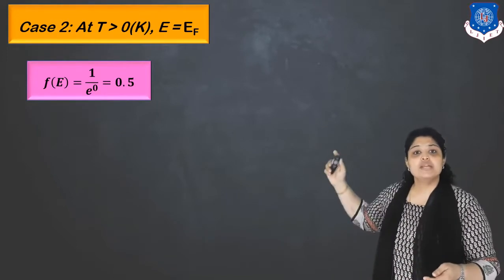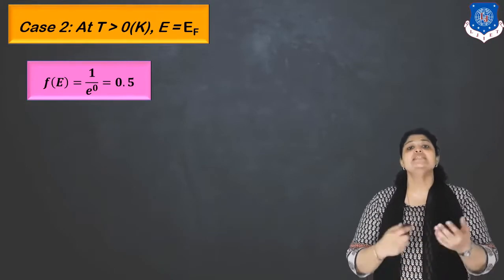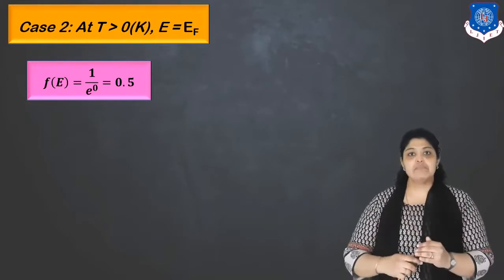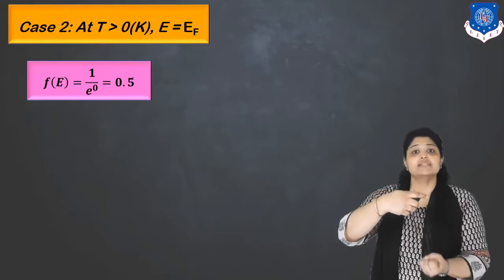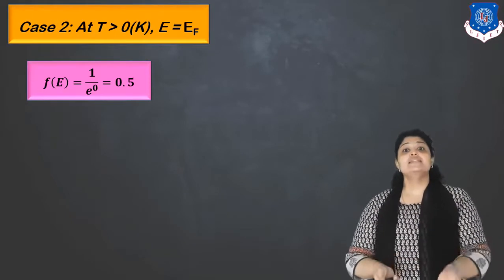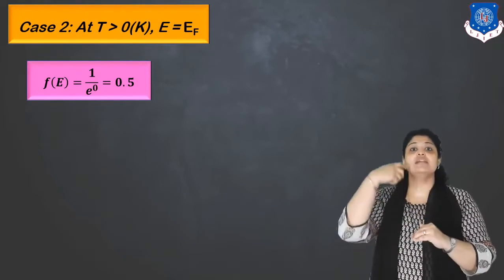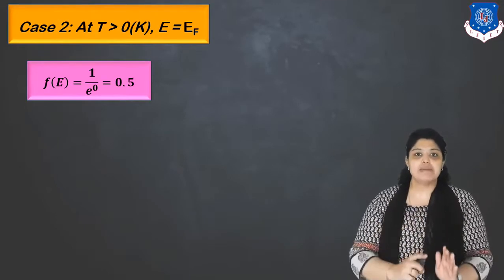So we have 1 upon e raised to 0, that means the probability is 0.5. What does this mean? At any temperature above 0 Kelvin, say for example room temperature, which is comparatively low, there is a 50% probability that the level will be occupied and a 50% probability that the level will be empty.